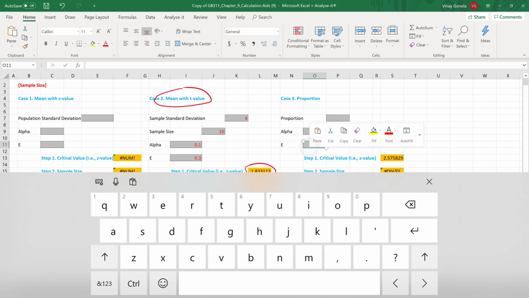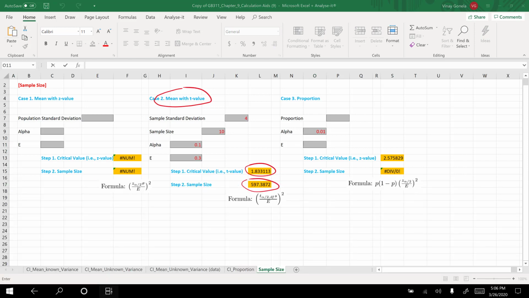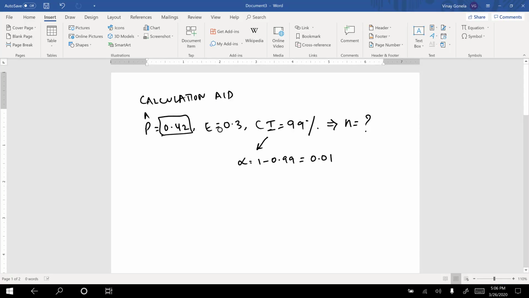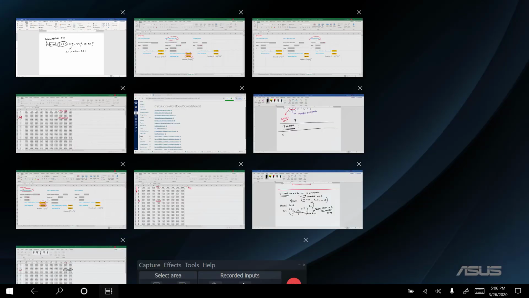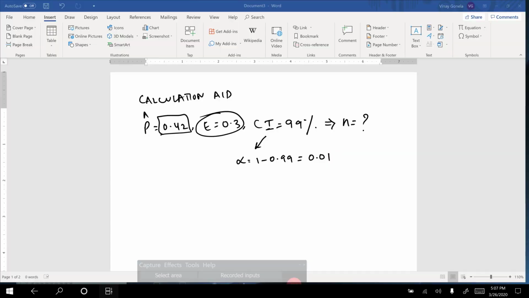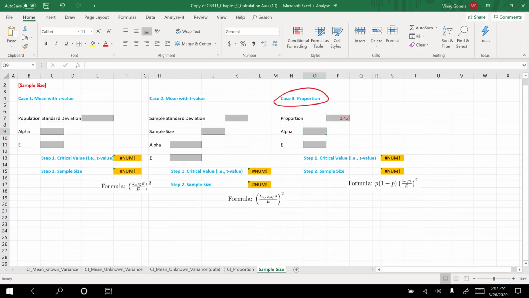And then the margin of error is given as 0.3. Somehow I deleted alpha, let me type this.